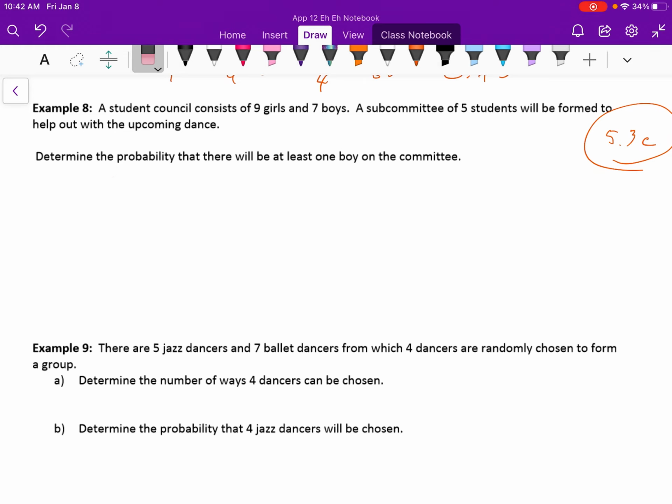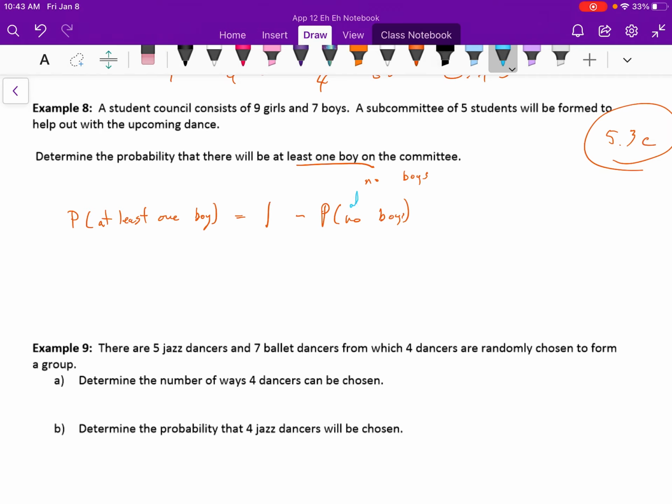Now, what is the complement of having at least one boy? The complement of having at least one boy is no boys. Oh, okay. So the probability of having at least one boy is going to be equal to 1 minus the probability of having no boys.